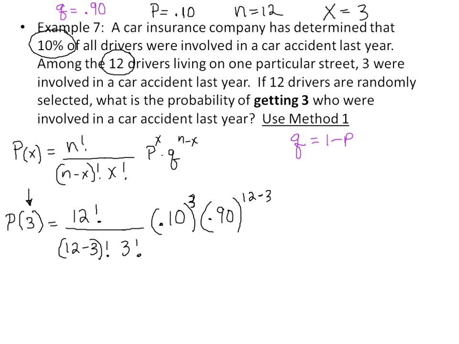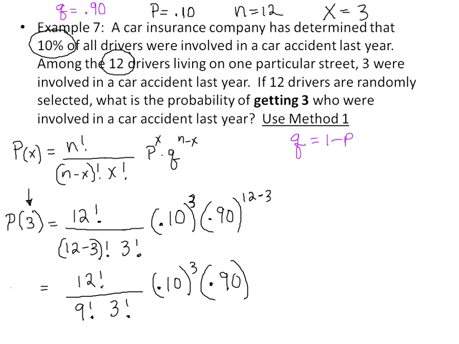Now you could just put this in your calculator. I'd like to simplify this before we do that. 12 factorial over 12 minus 3, that's 9 factorial, times 3 factorial, and that's 0.1 to the 3rd power, and then 0.9 to the 9th power.